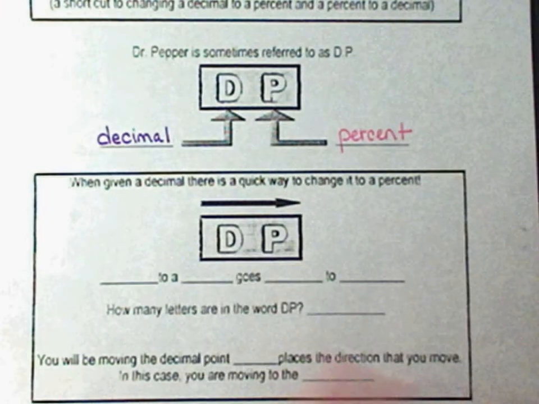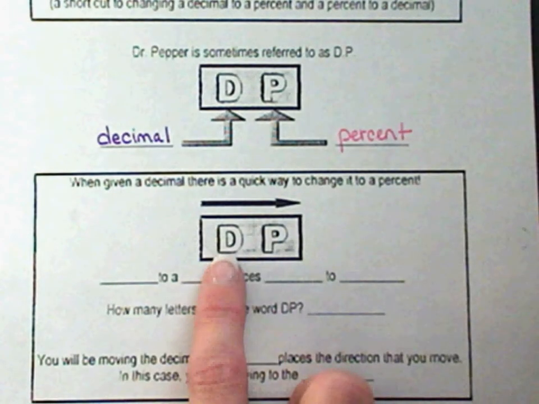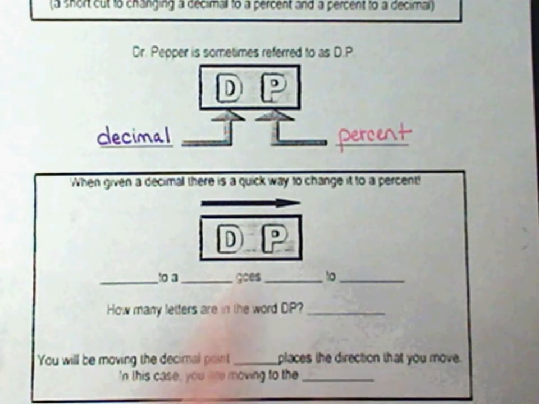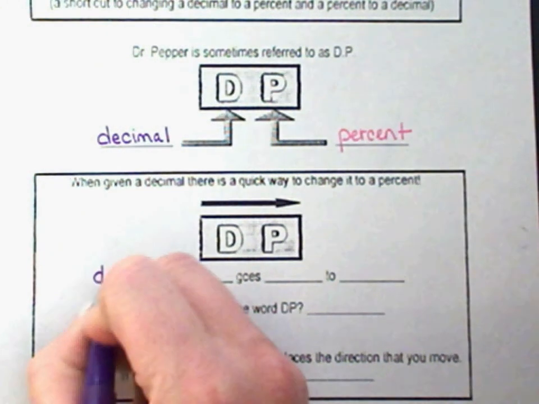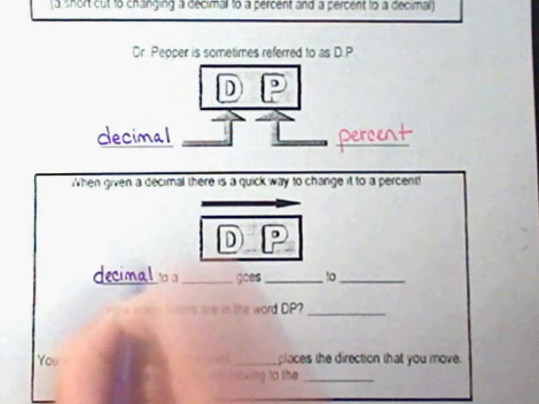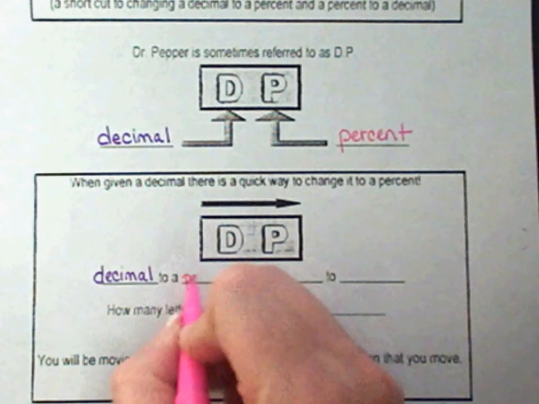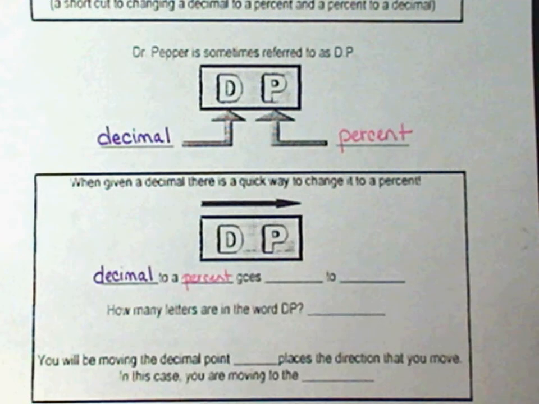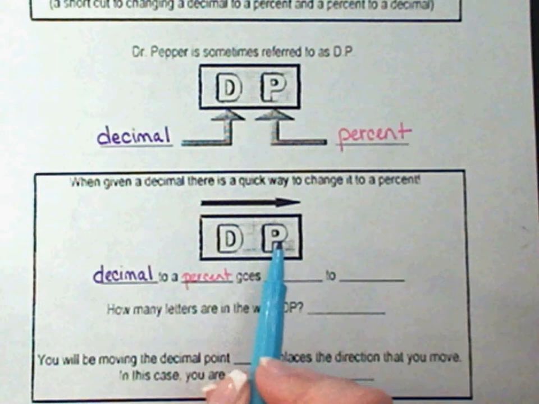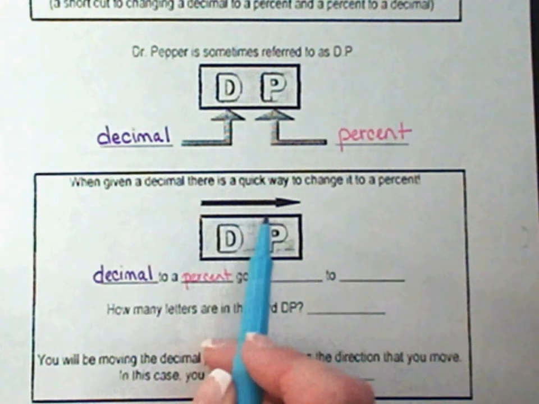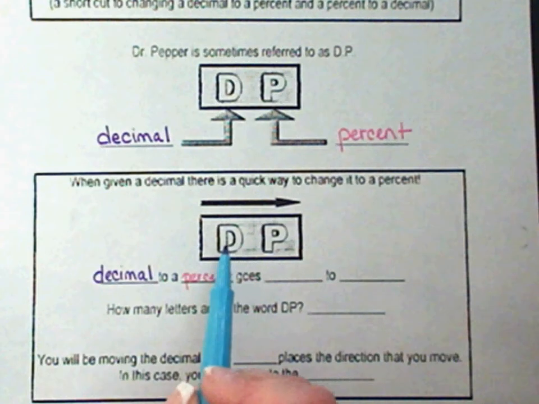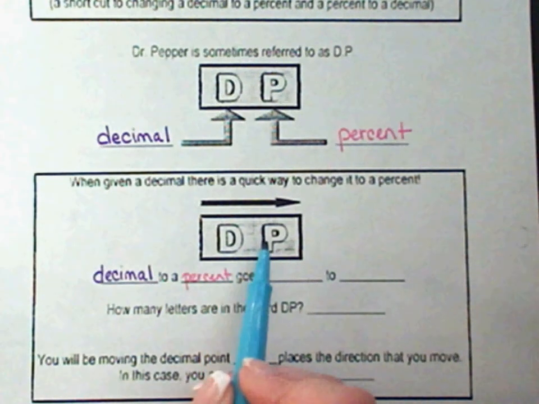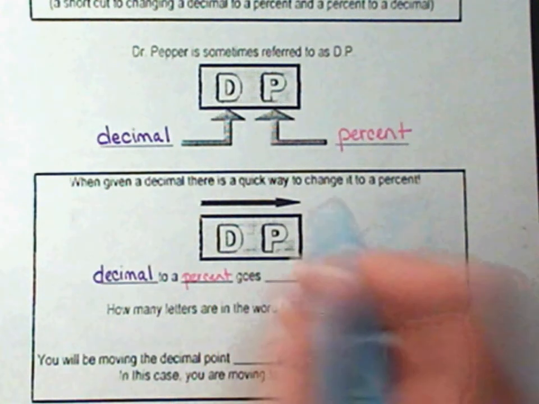When we're given a decimal, there's a quick way to change it to a percent. I'm going to look at my DP. Remember, D means decimal, P means percent. If I am going to go from a decimal to a percent, I'm going to go from my D to my P. That means I'm moving to the right.